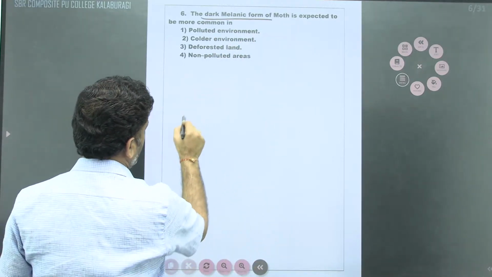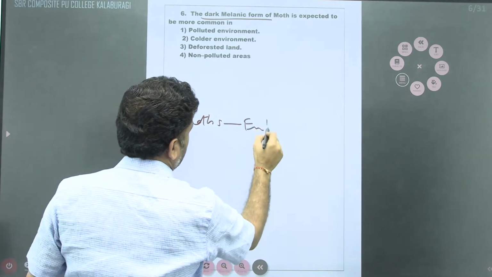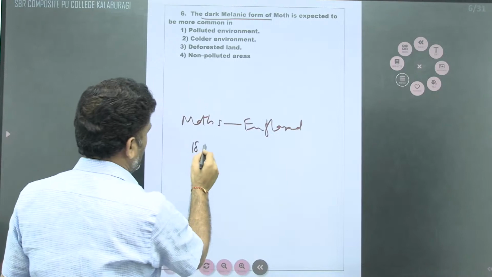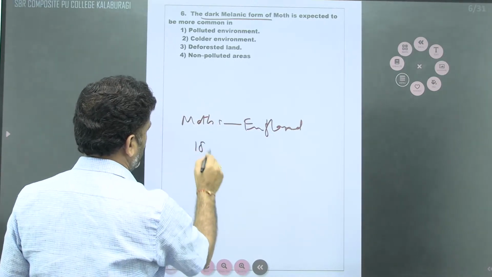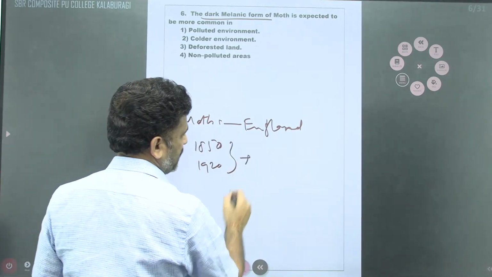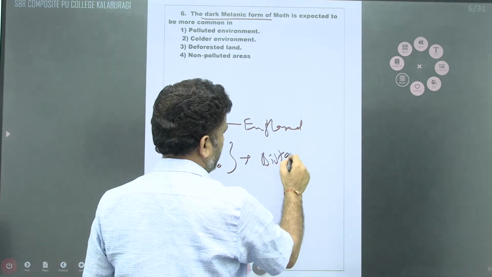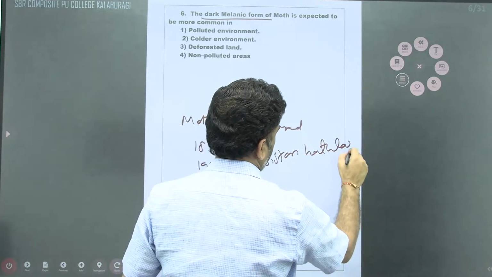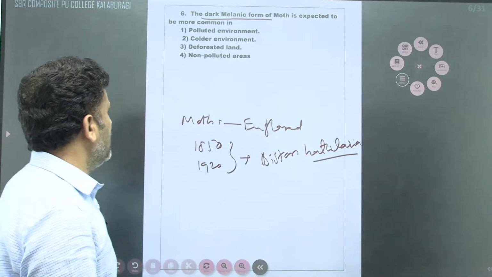As you know, in moths, especially in England, before 1850 and even after 1920, we observed a certain species of moths. This is called the Biston betularia form individual.